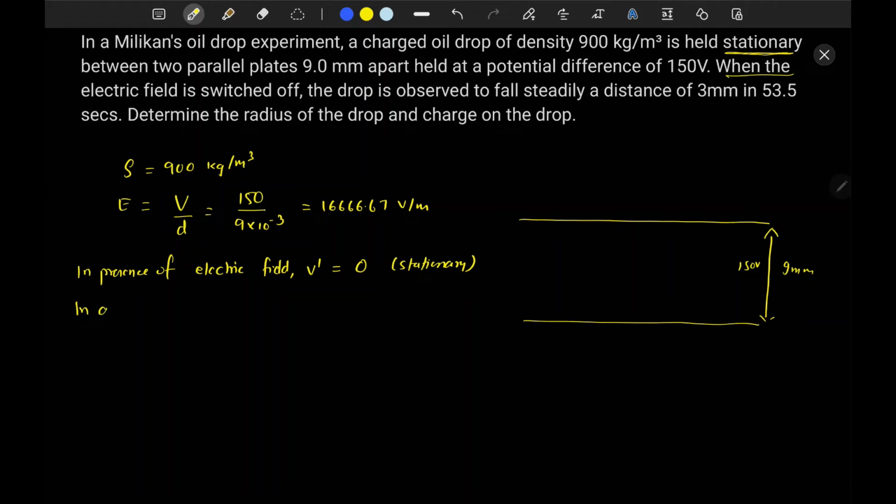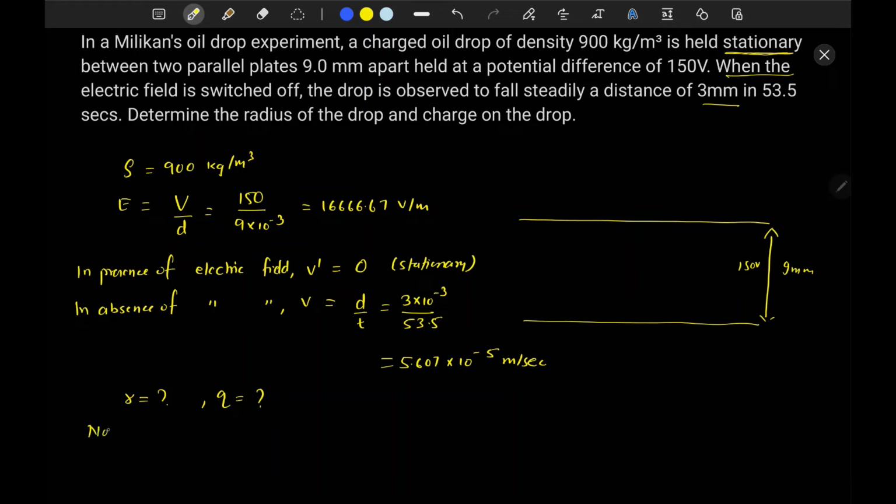That means in absence of electric field, the velocity v is given by distance by time, that is 3 into 10 power minus 3 meter divided by time 53.5 seconds. This gives 5.607 into 10 power minus 5 meter per second. Now we need to calculate the radius and the charge.